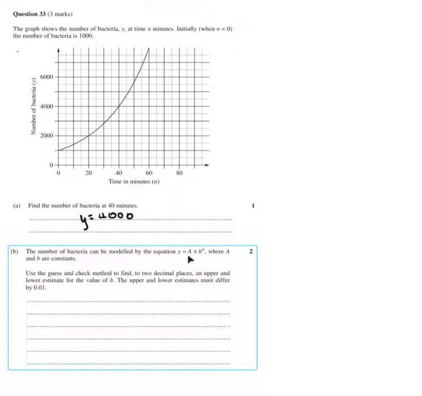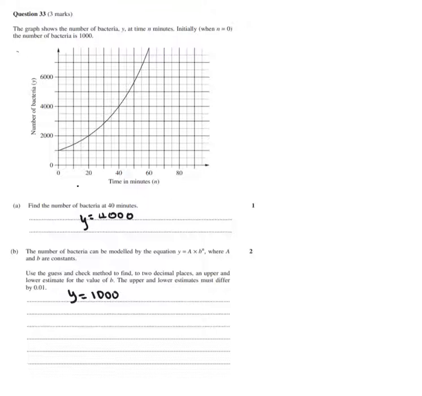Now we know that a is the initial population of the bacteria, so we can write down our equation as y equals 1000, because the graph cuts here at 1000 when t equals 0, times b to the power of n.